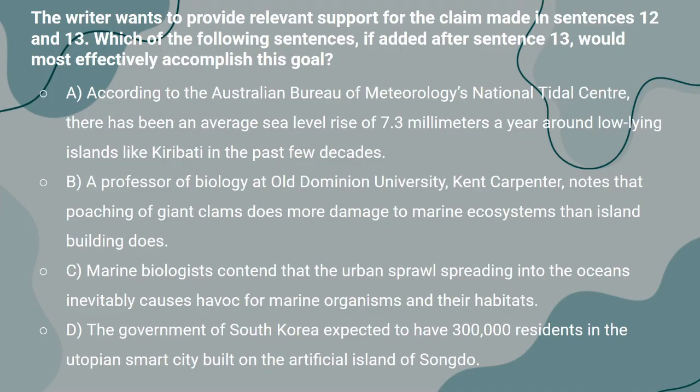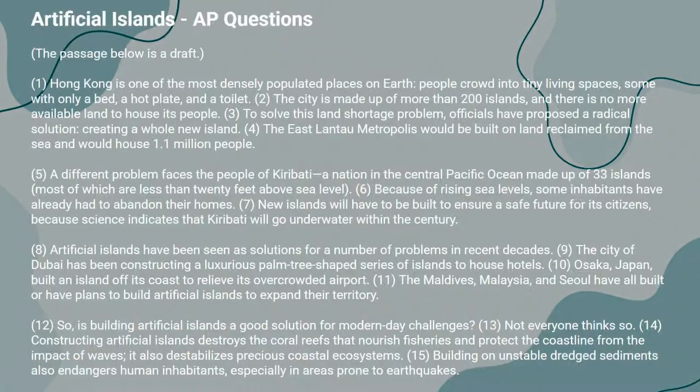Finally, our last question. The writer wants to provide relevant support for the claim made in sentences 12 and 13. Which of the following sentences, if added after sentence 13, would most effectively accomplish this goal? So let's read sentences 12 and 13. 12: Is building artificial islands a good solution for modern day challenges? 13: Not everyone thinks so.